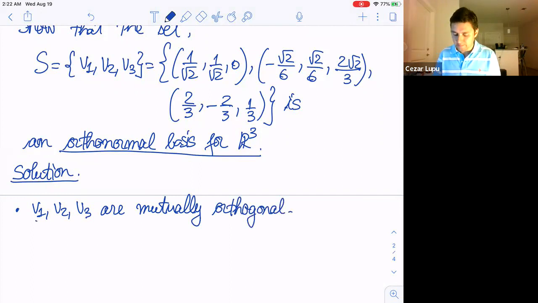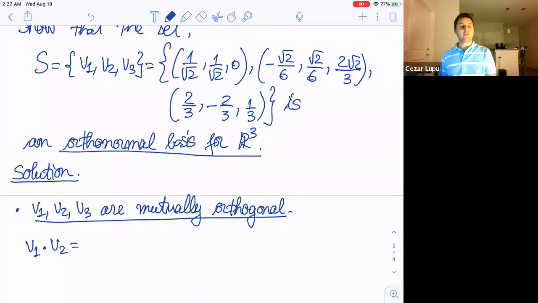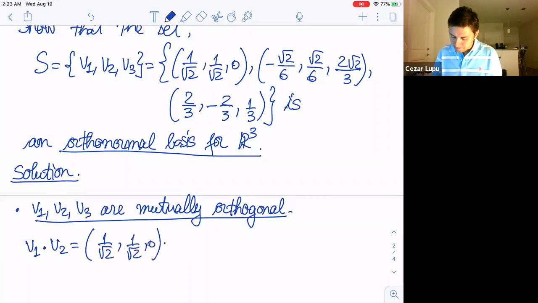Okay, in this case, we need to compute the dot product of V1 and V2. Since we're in R3, we can call this a dot product, and we also have to compute the dot product between V2 and V3 and V3 and V1. In this case, we have to dot these two vectors.